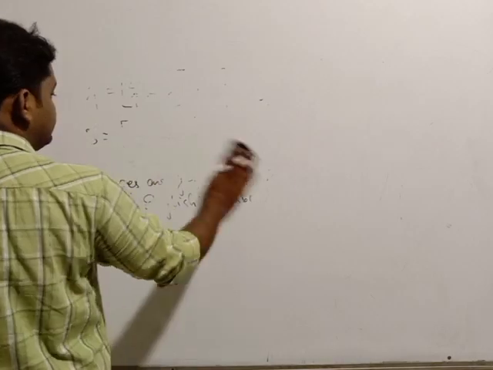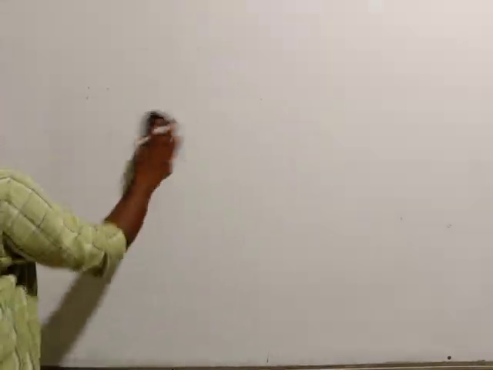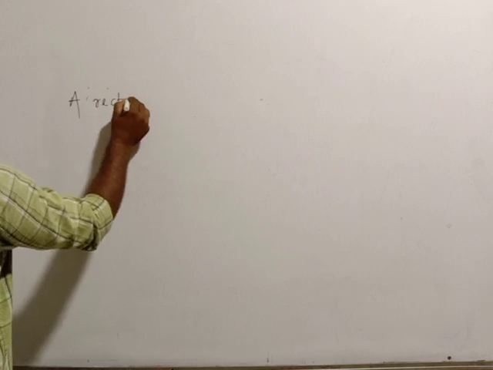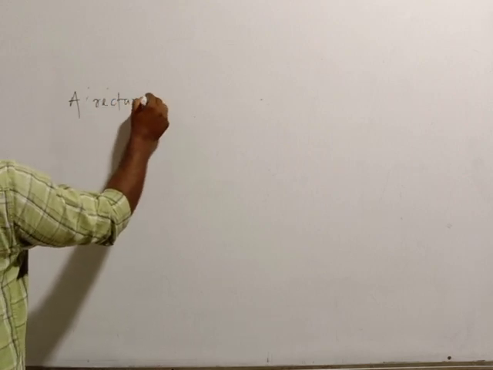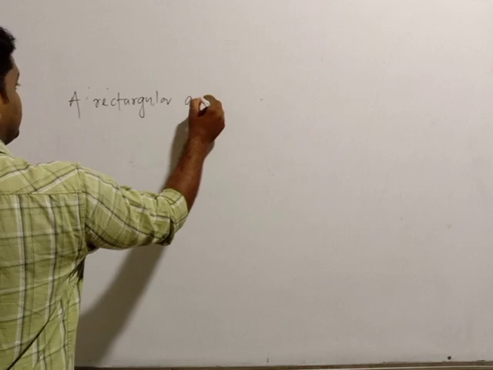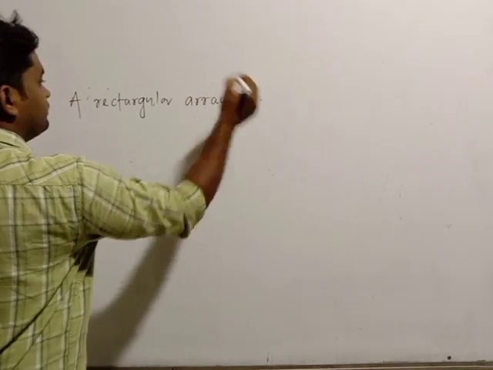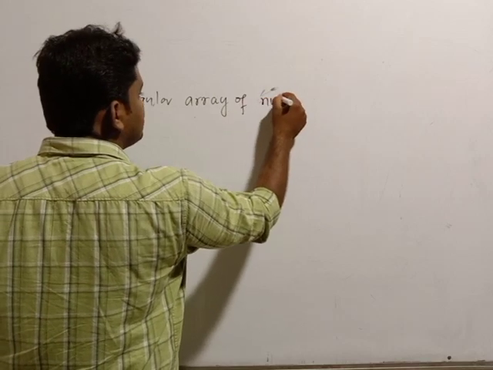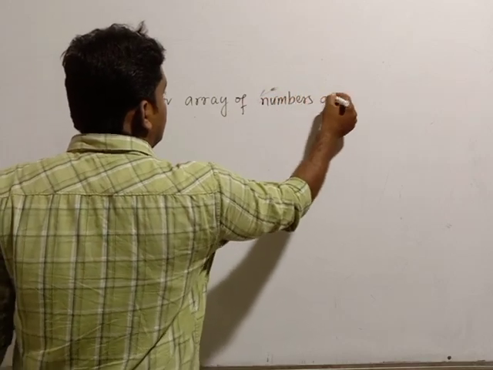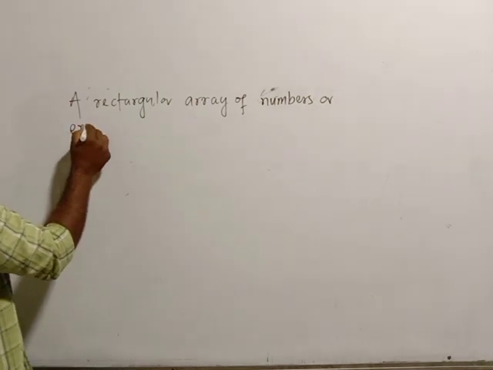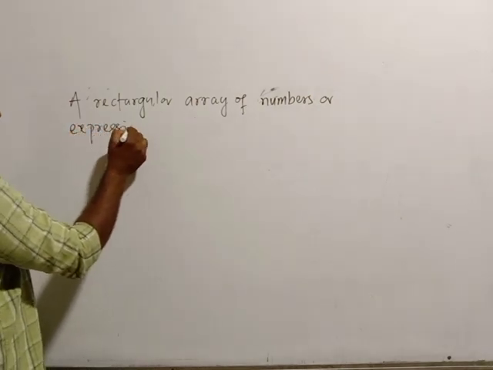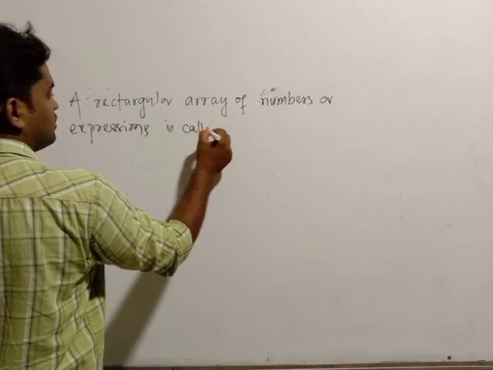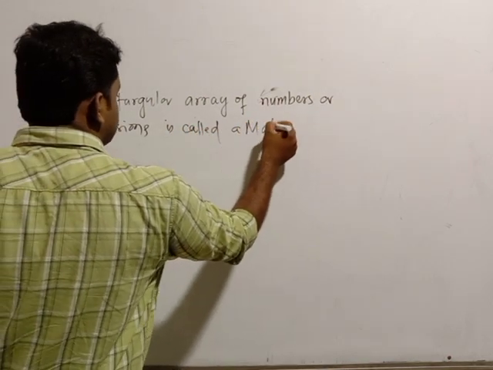So I write here: a rectangular array of elements, array of numbers or expressions is called a matrix.